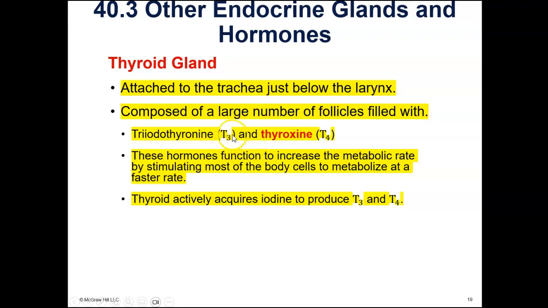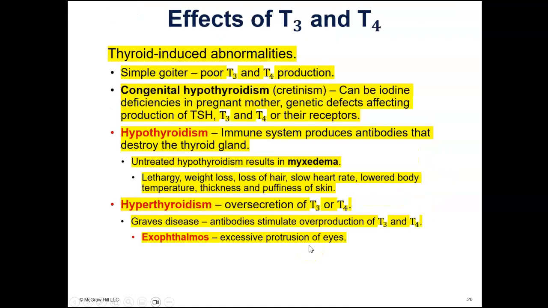They're T3 and T4 for short, and they increase metabolism and cause most of the body cells to metabolize or carry out chemical reactions at a faster rate. And the thyroid actively acquires iodine to produce T3 and T4. So these hormones require iodine, which is why we see iodized salt, trying to make sure everybody has enough iodine.